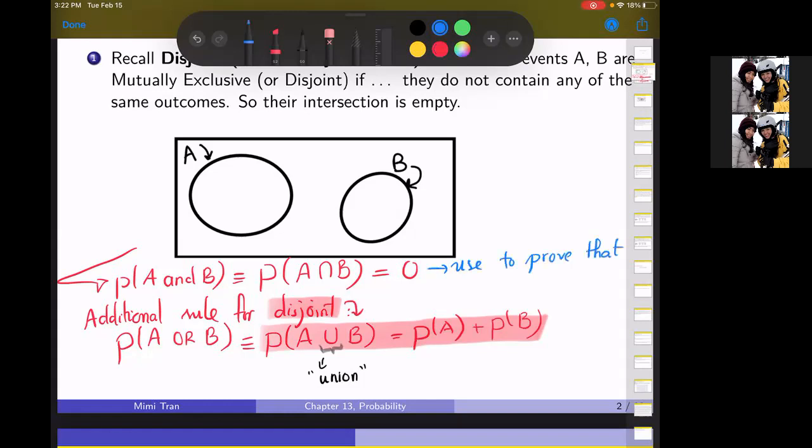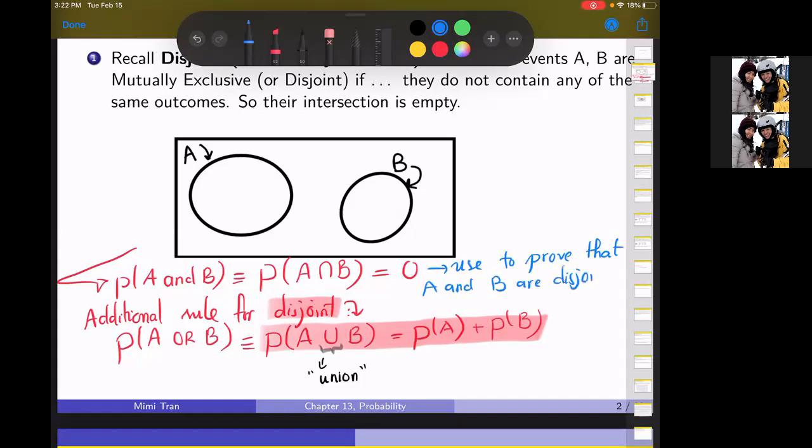In statistics, I rarely use the word prove, only in probability, because it's math. Later, when we go to statistical inference, I'll never use prove, because we don't prove in statistics. We hope that it's right, but we don't prove. We estimate, right?